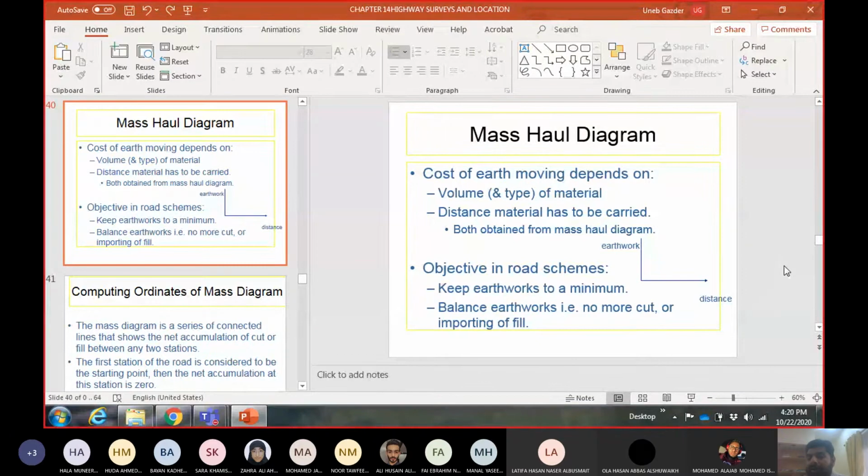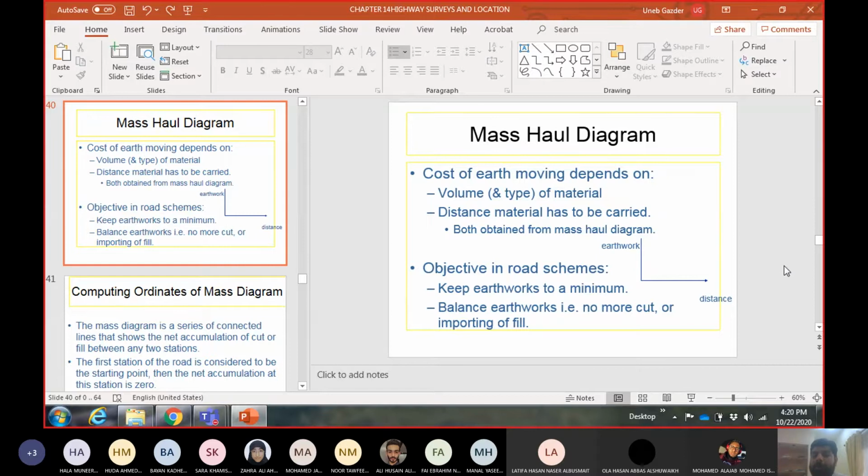If it is Sabkha soil or something close to it, the contractor will say, I will charge you this rate, no problem. But if the properties of the soil are completely different from Sabkha soil, he will say the type of material is completely different from what I expected, so I will charge you extra.